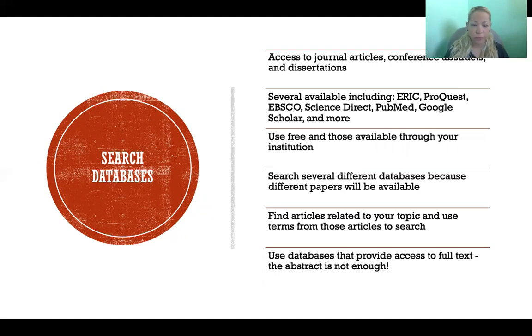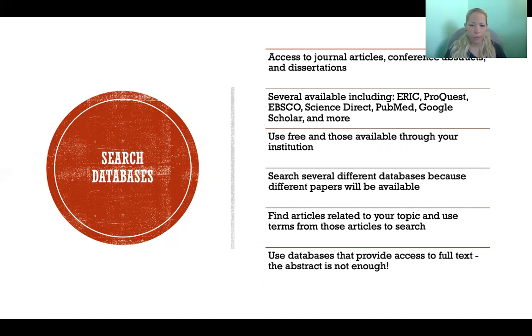If you're not familiar, just go to regular Google and search for Google Scholar, and it will bring up a whole different search engine that's still Google, but it will filter for you and find only scholarly articles. So you can't always get full access through Google Scholar, but it is a good place to start. And so you can use Google Scholar, PubMed, ProQuest, all sorts of different databases.